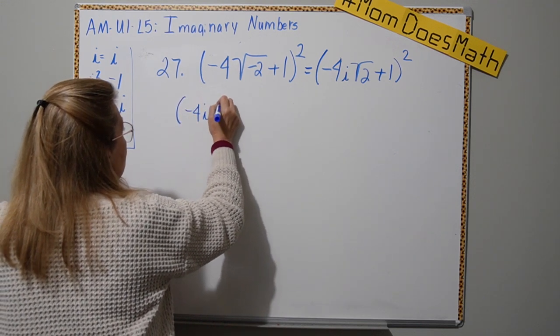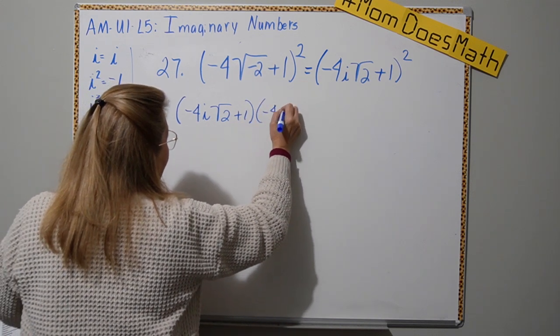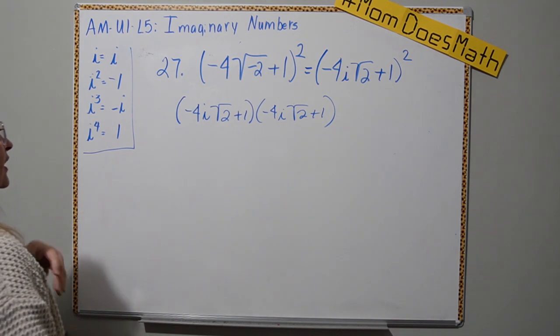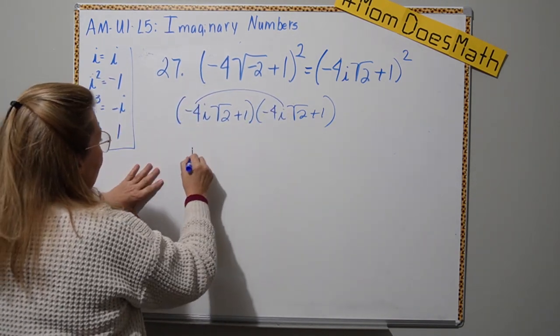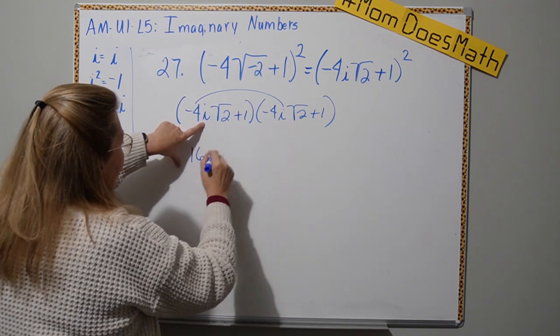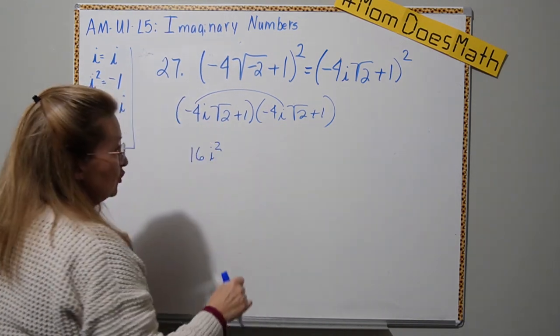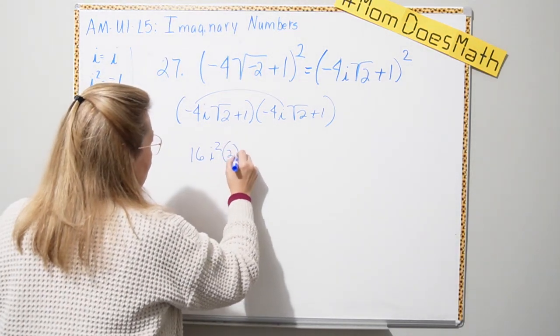You are going to expand this and multiply it times itself, okay? We're ready to FOIL. Negative 4 times negative 4 makes positive 16. i times i is i squared. And square root of 2 times square root of 2 is square root of 4, which is 2.